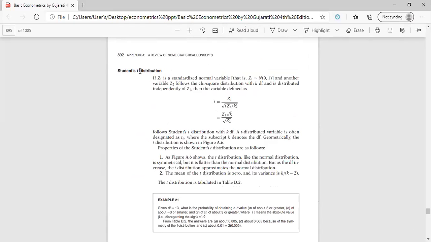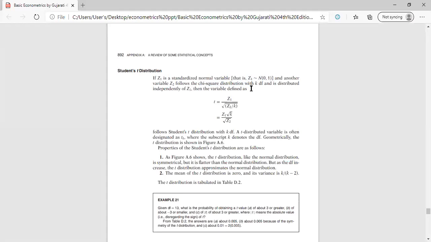Sorry, I was wrong when I was talking about T. I forgot this. So T is a ratio of a Z distribution and a chi-square distribution. I'm sorry about the ratio.